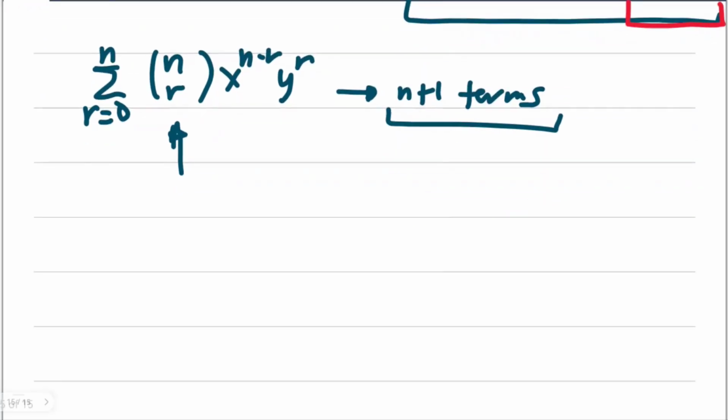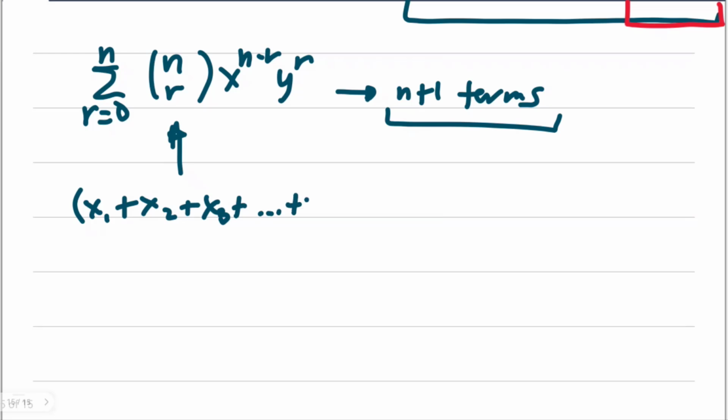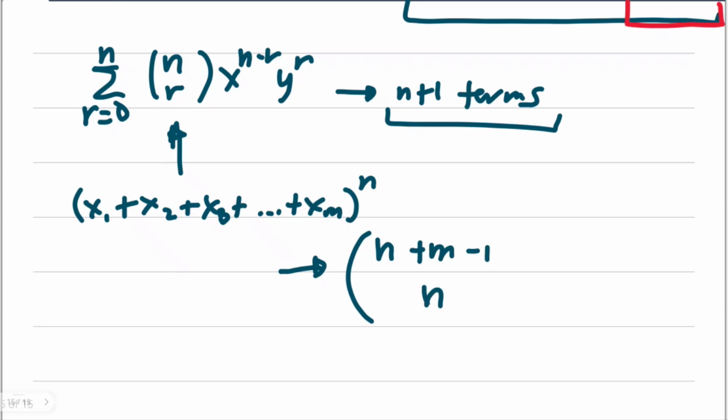For the multinomial theorem, again, x sub 1, x sub 2, x sub 3 plus until x sub m raised to the power of n, the number of terms is not just n plus 1, but is given by n plus m minus 1 combination n. This will tell us the number of terms in the expansion if we are asked to expand. So it's also one thing to be remembered.